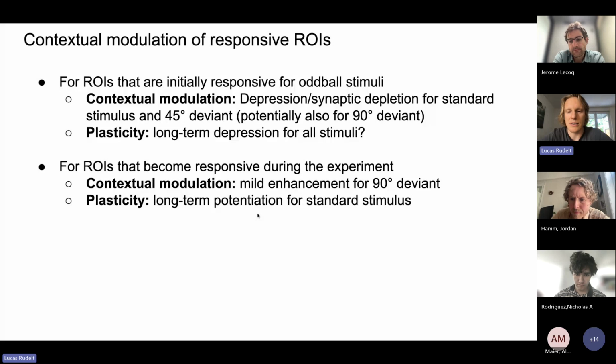So it looks more like selecting those units that are not responsive during first control and most of the oddball, and then only in the end they show strong response. I will show this in a bit, how that looks. Yeah, but very good point.